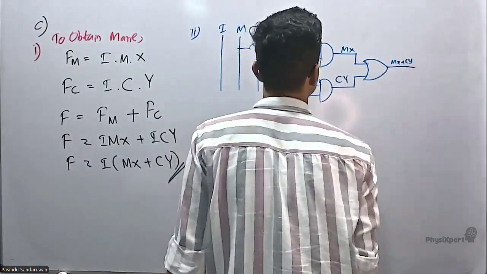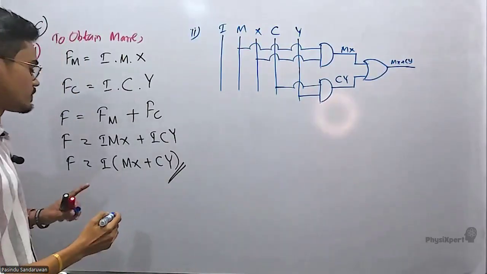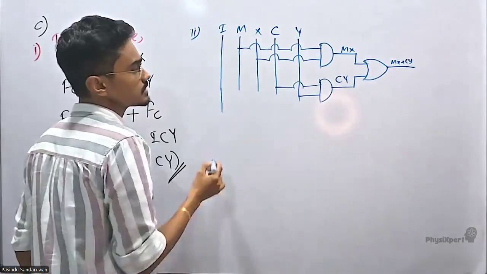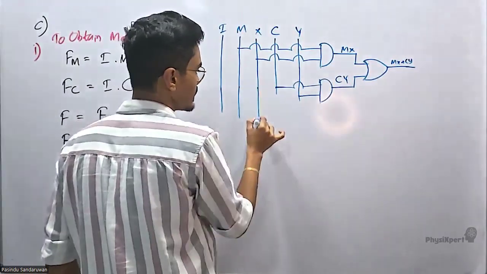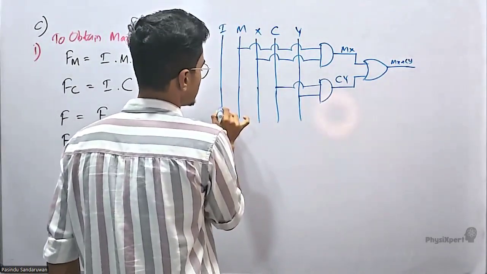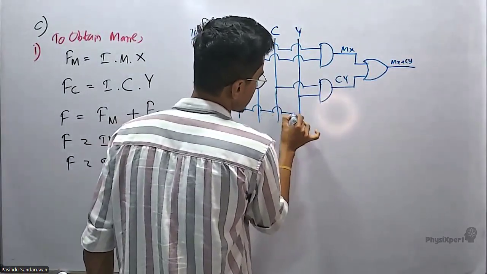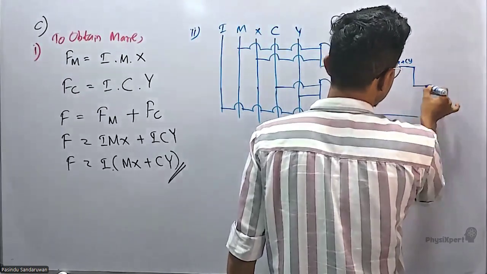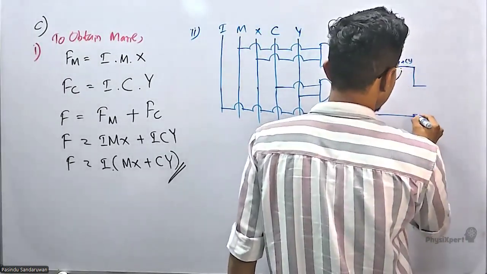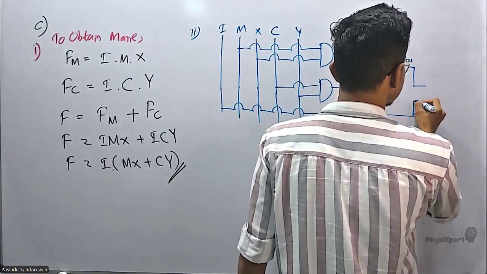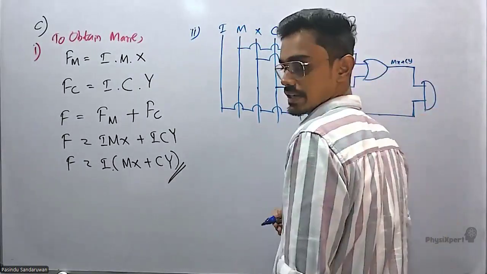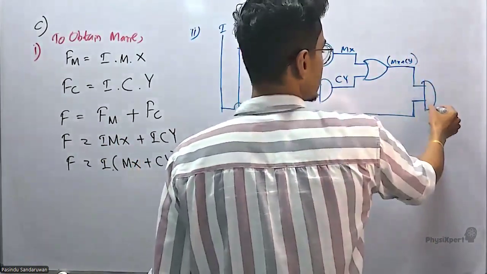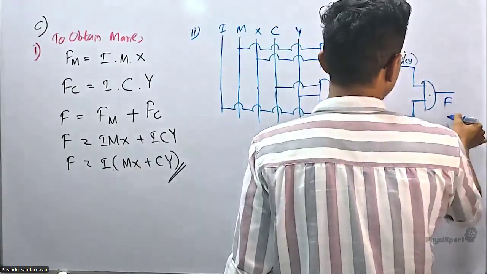That addition should be dotted with I. Then take this I, like this, and this output should be connected with another AND gate. I dot this whole thing. Now this comes here from here. This is the final output.